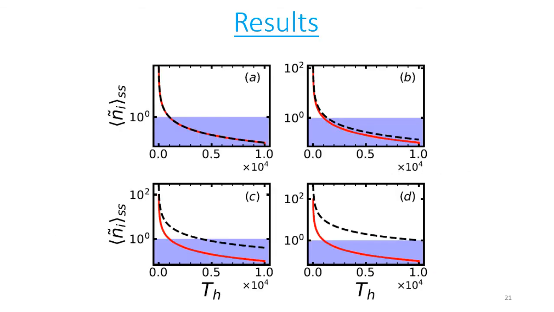In this case, we show that it is possible to cool down all these mechanical resonators simultaneously, and here we show two mechanical resonators. The red line shows one mechanical resonator, the black line shows the other, and all these panels correspond to different sets of parameters. But the important thing is that we can cool both these resonators simultaneously.